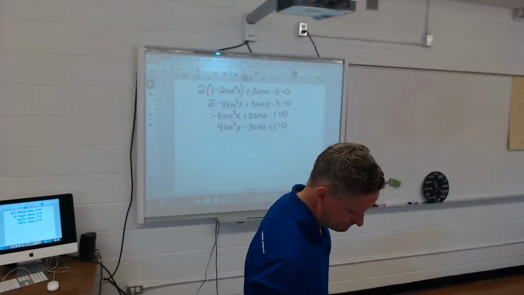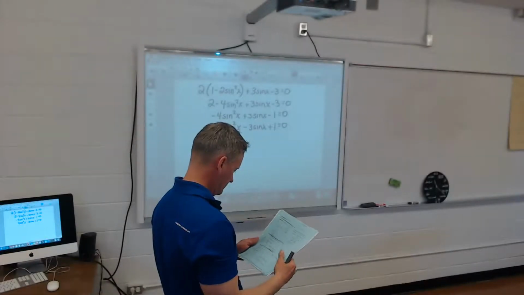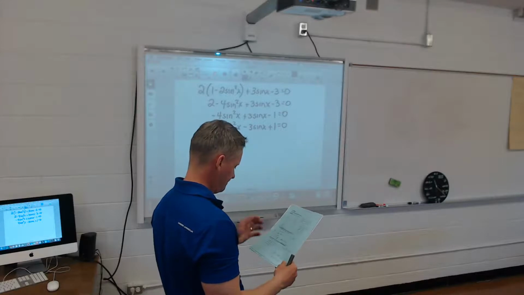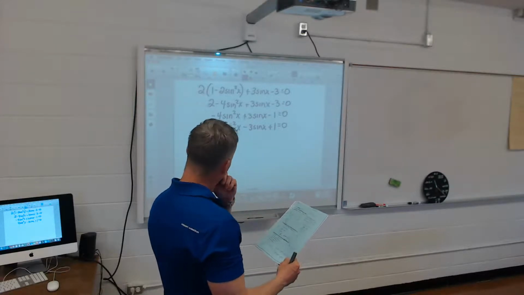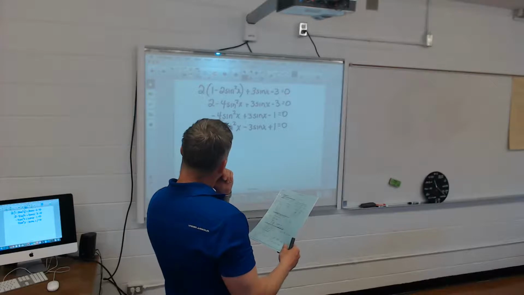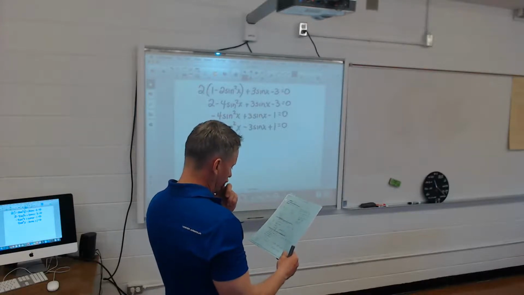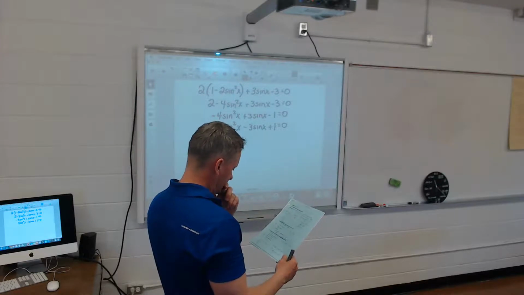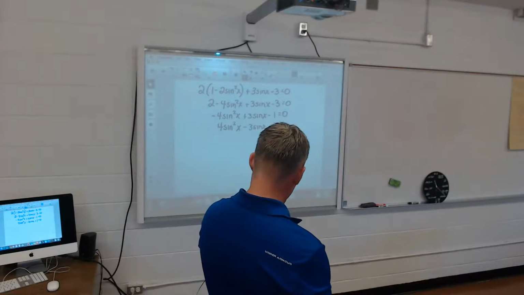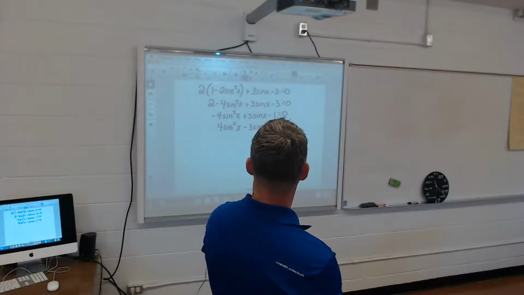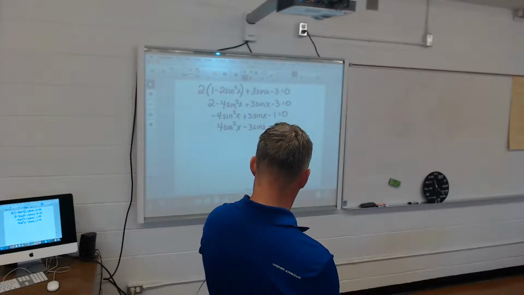Yeah, and then I factored mine. Can you factor that though? I don't think you can. So I pulled out my 2 in the beginning, and it was 2 minus sine x squared plus 3 sine x minus 3 is equal to 0.